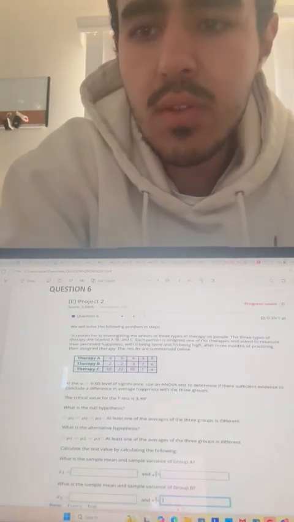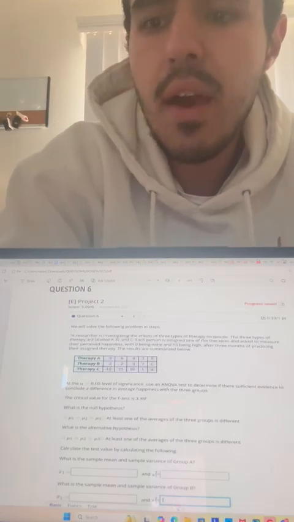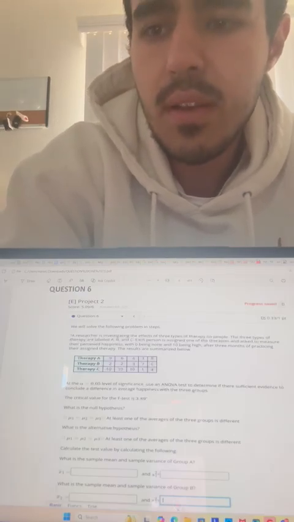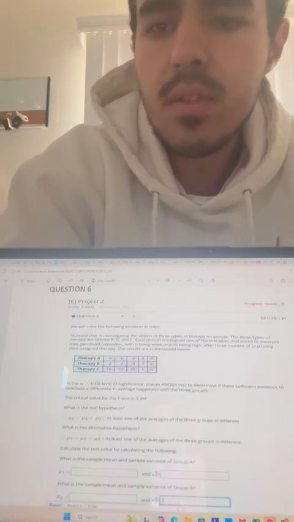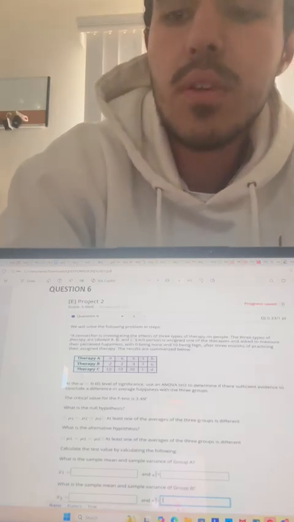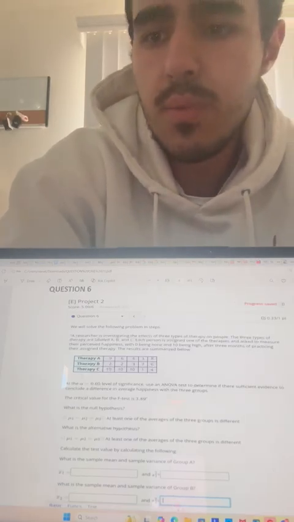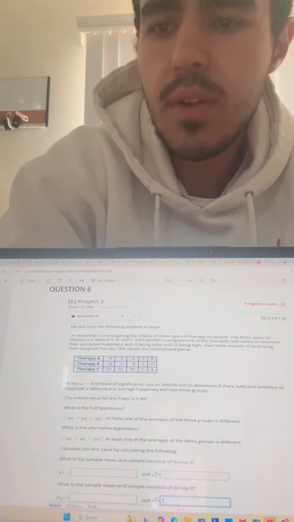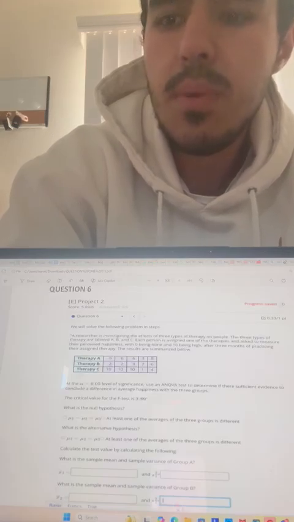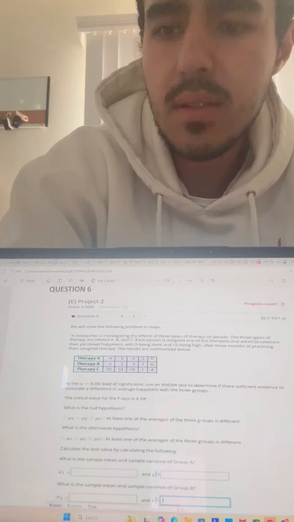The final question uses an ANOVA F-test to determine if there is a difference in average happiness among 3 different therapy groups. The null hypothesis is that the means of the 3 therapy groups are equal. The alternative hypothesis is that at least one of the means is different. We calculated the means and variances for the 3 groups, keeping in mind the small sample sizes.